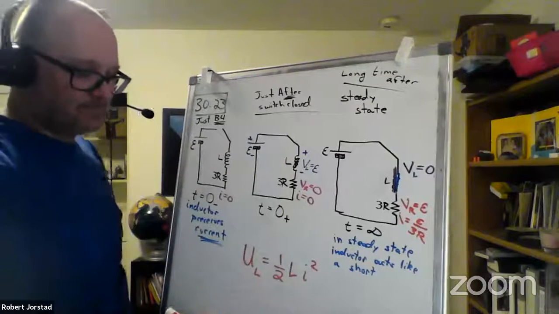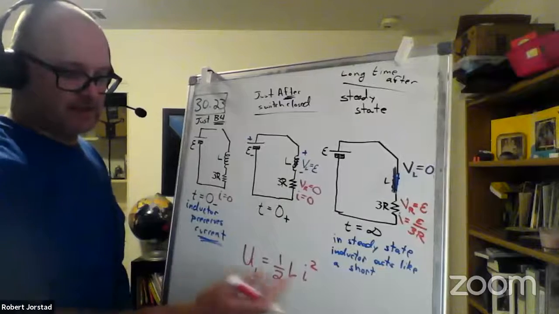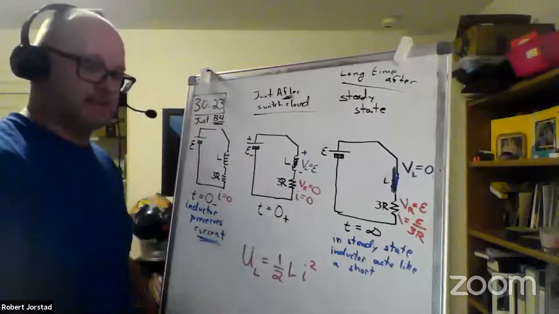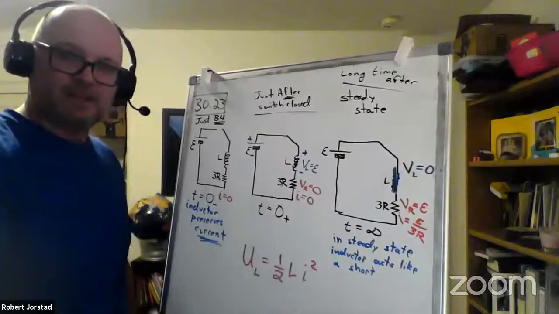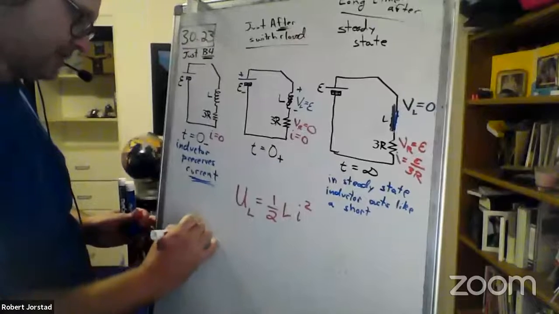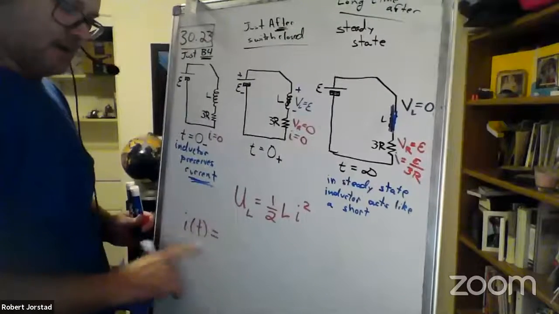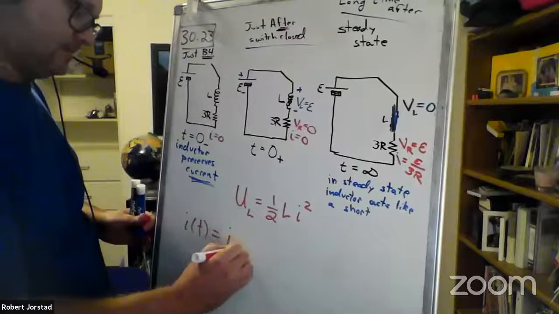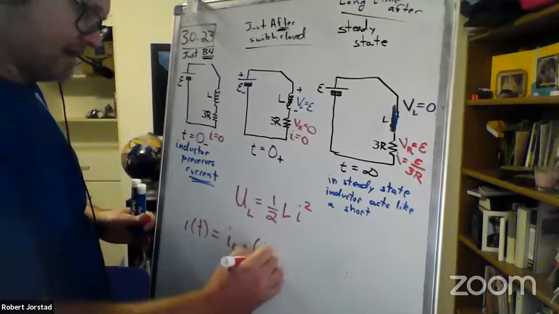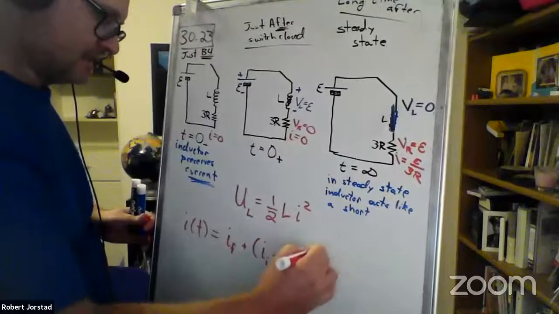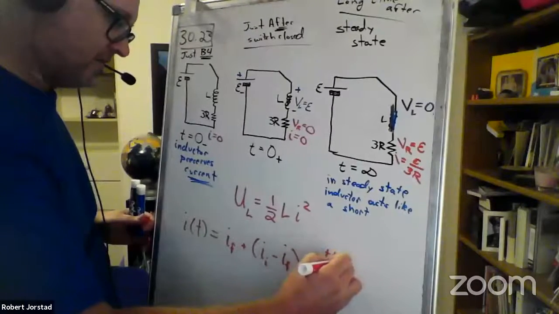Anyways, in this case, you could see that we could basically figure out I as a function of time and then plug it into this equation. So let's go ahead and do that. How do I get I as a function of time? In this case, that's going to be I final plus (I initial minus I final) times e to the negative t over tau.